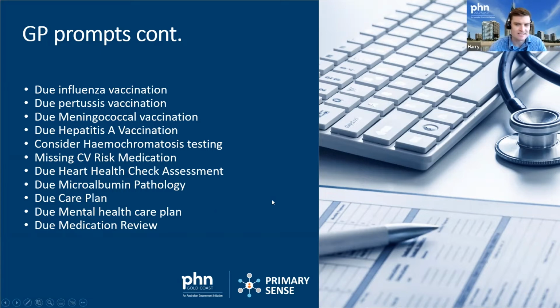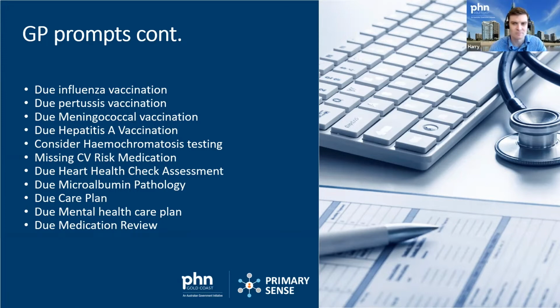Another prompt you can see here is due for mental health care plan. This will prompt for a complexity score 3 and above, where the patient has 2 or more mental health conditions and a GP mental health treatment plan has not been billed in the last 12 months.